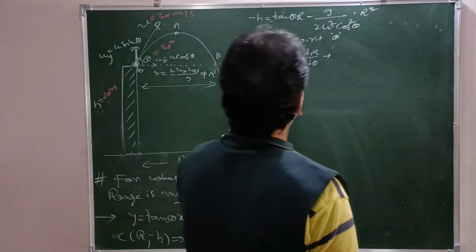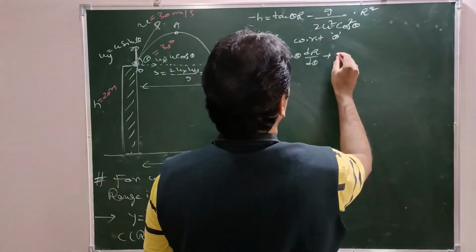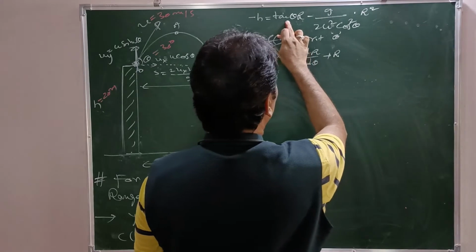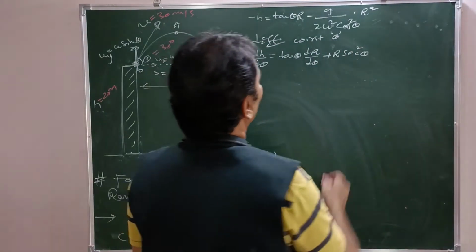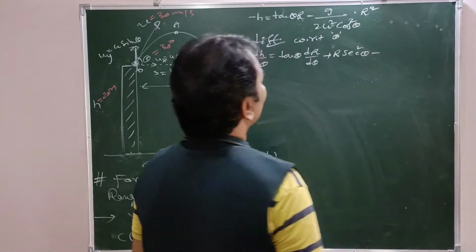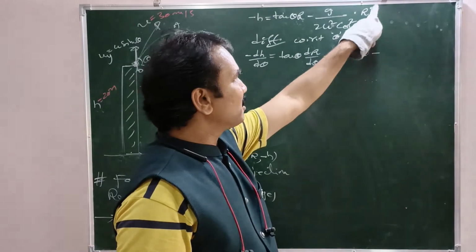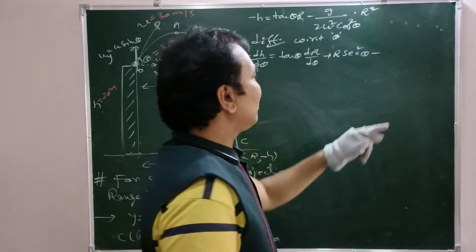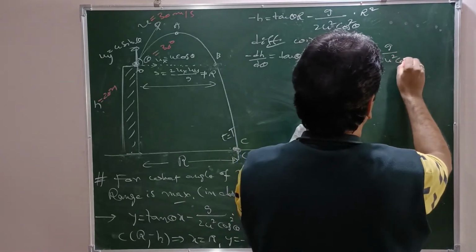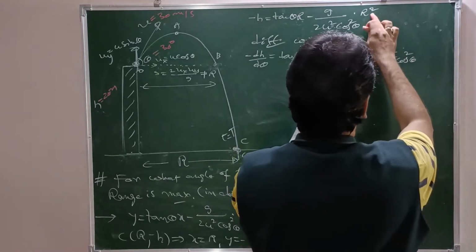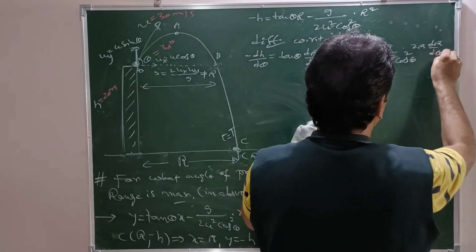So take that expression: tan theta into dr by d theta plus, this time r is constant, d by d theta of tan theta means secant square theta, right? Minus g by 2u square cos square theta, which is not constant. Now differentiate r square with respect to theta: g by 2u square cos square theta into d by d theta of r square, which means 2r into dr by d theta.